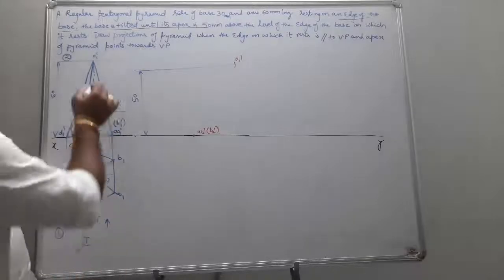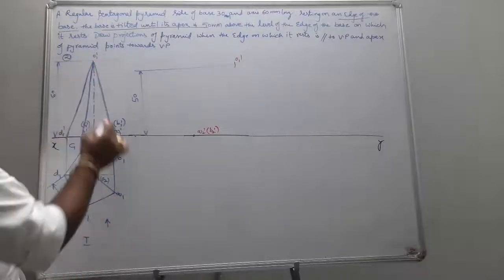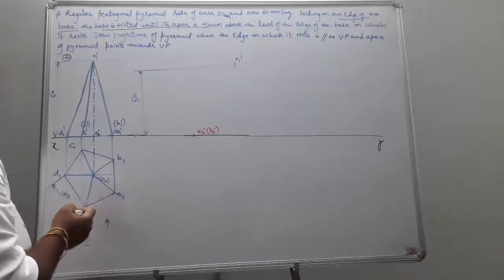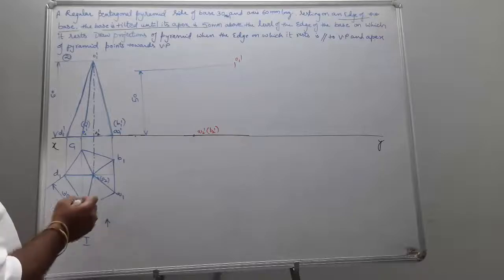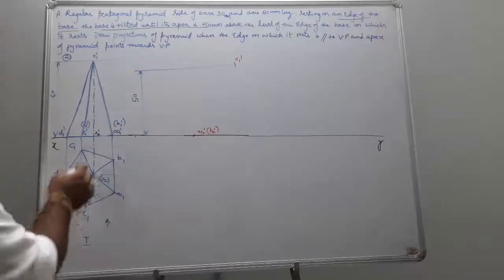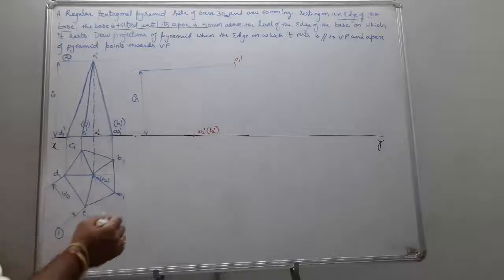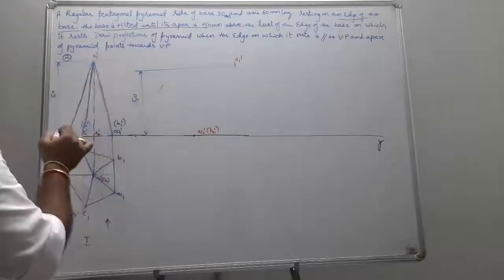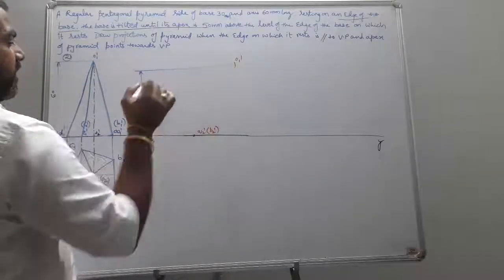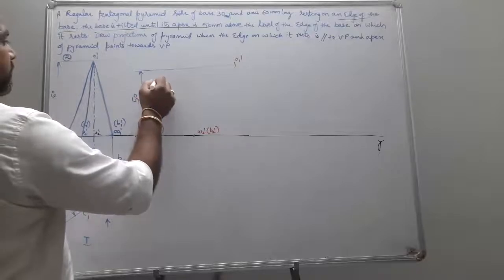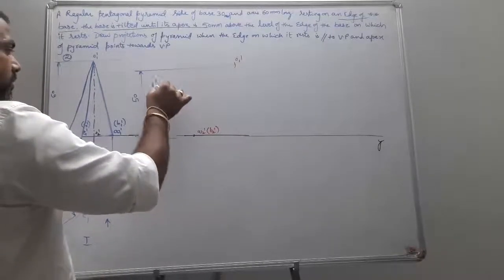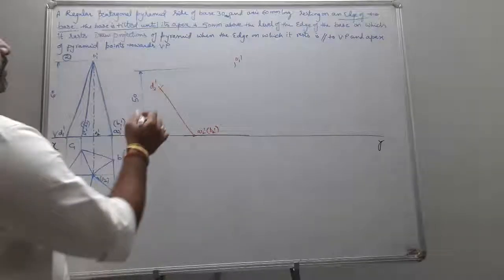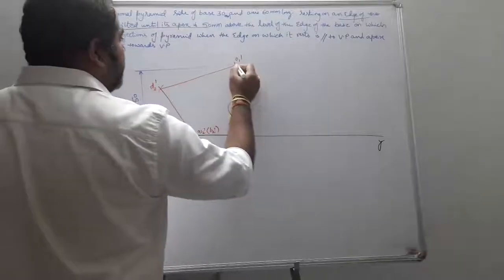Once you consider OAD is a triangle, I know my A dash, and A dash as center, A dash D dash as radius, draw an arc, and O dash as center, O dash D dash as radius, draw an arc to obtain some D2 dash. Now join D dash with A2 dash. Now join D dash with O dash.